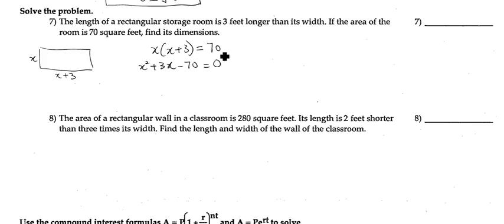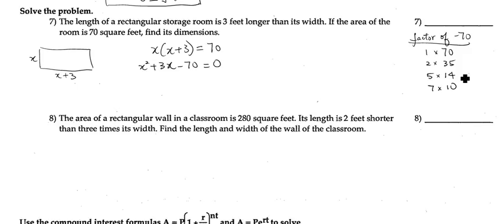Can we find the factors of negative 70? 1 times 70, 2 times 35, 3, no good, 4, no good. 5, yes. 5 times what? 14. How about 6? No. How about 7? 7 times 10. 8, 9. Nope. Then that's it.